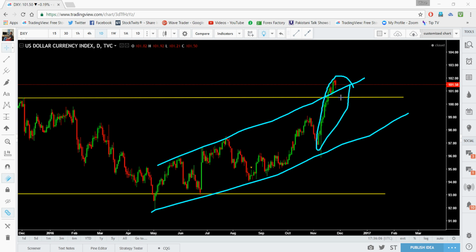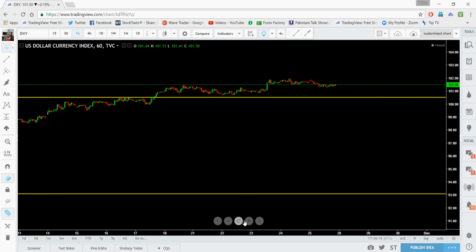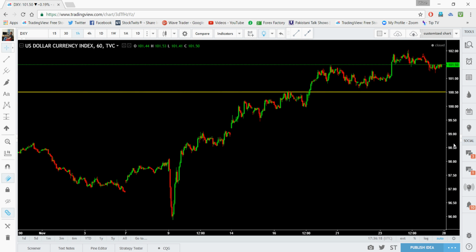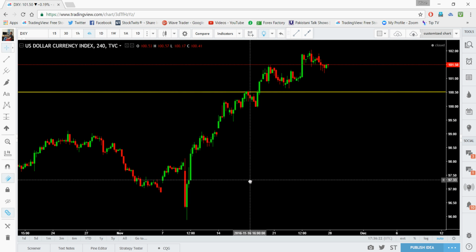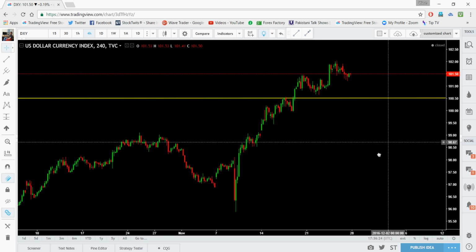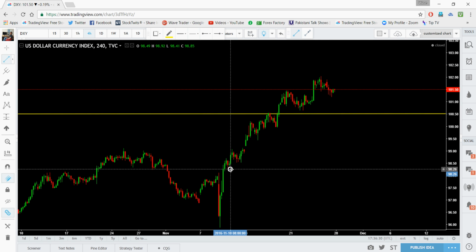When we look at the lower time frame, something like the 1 hour or 4 hour time frame, we are going to see a reversal pattern. If we look at the 4 hour time frame, we can see that there was a classic trend reversal pattern, or an ending diagonal.